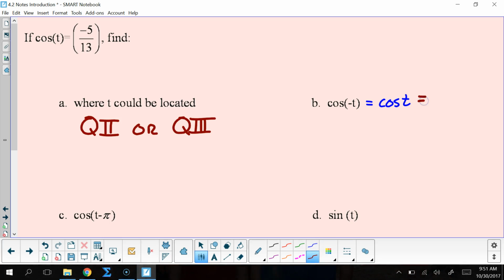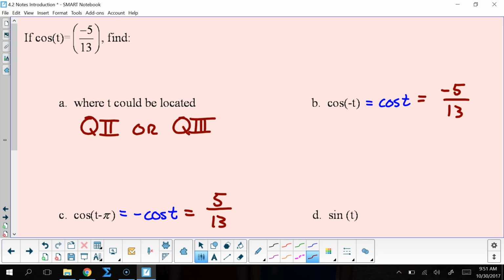So that one is going to be negative 5/13. The cosine of t minus pi is going to be equal to the negative of the cosine of t. So that's going to be positive 5/13.